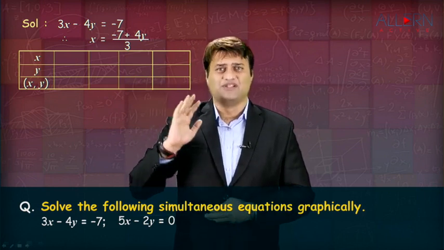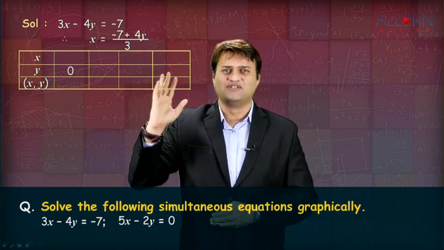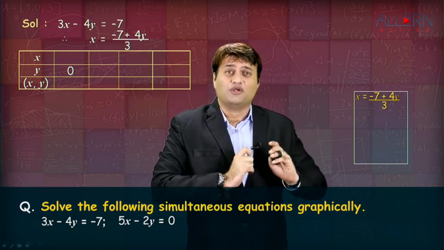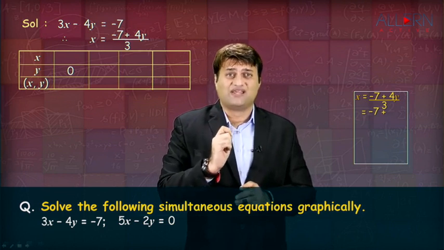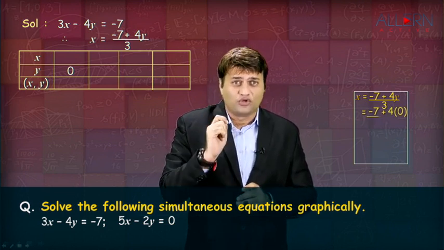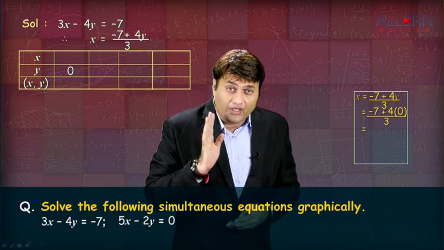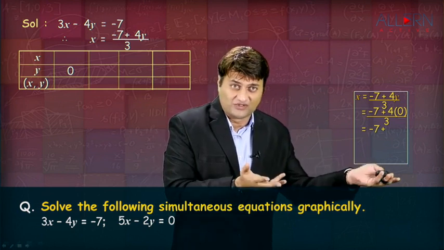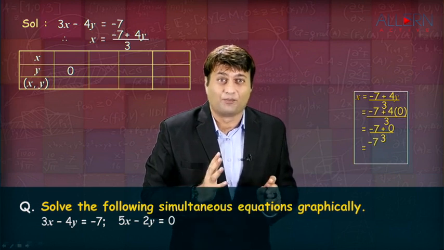Let us start with 0. What happens when y is equal to 0? Let us take y is equal to 0 and see what happens in the calculations. Now when y is equal to 0, x is equal to (minus 7 plus 4 into 0) upon 3. So it is equal to (minus 7 plus 0, 4 zeros are 0) upon 3, that is minus 7 upon 3.